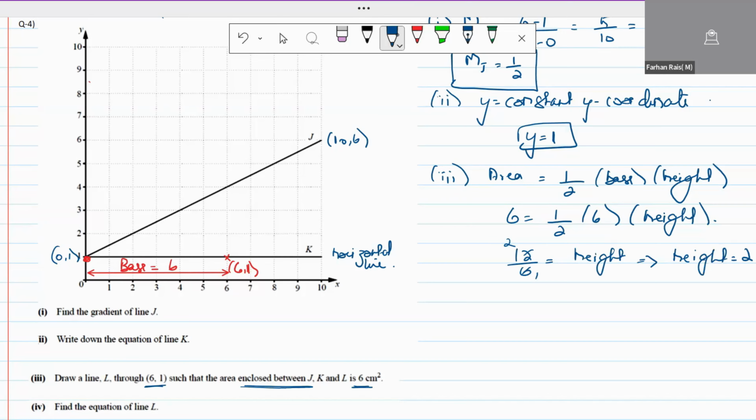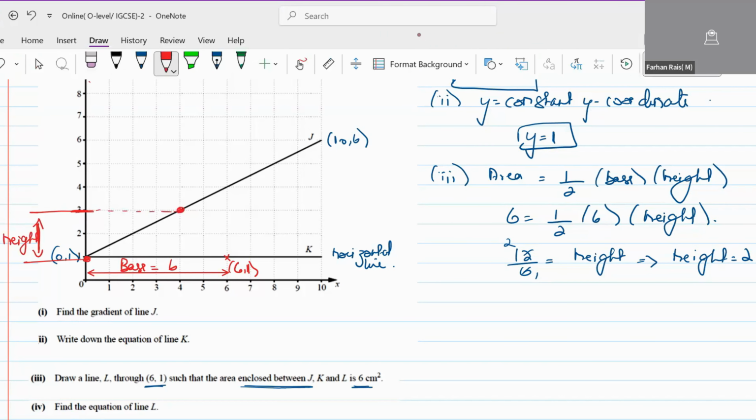So 2 units means from the base, height has to be 2 units above. So height has to be this much from the base. This has to be the height. Since it has to be the enclosed region, the boundary region, we will go in line of this. This is where the second point of the line should be. So our required line, the third line L, should be passing through the point 4 comma 3.